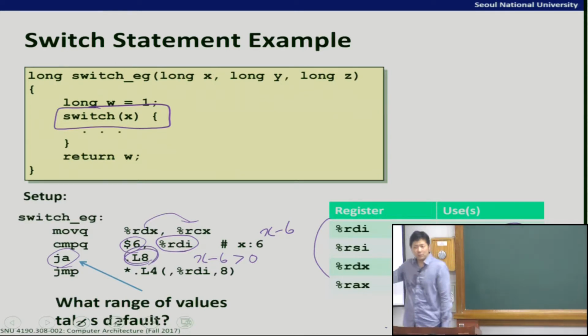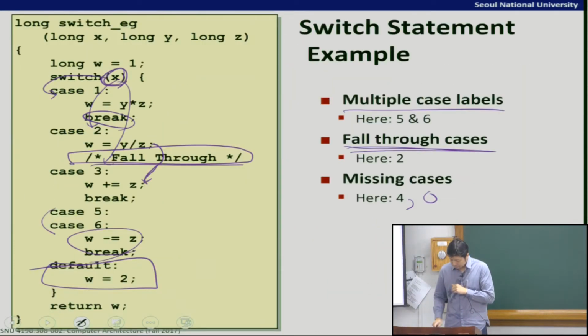What does L8 point to? If x is greater than 6, what code should be executed? The default, right? So L8 will be the starting address of the default.